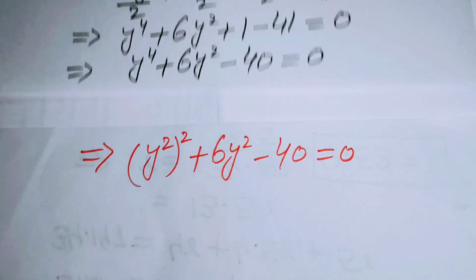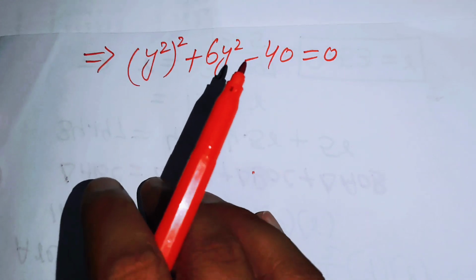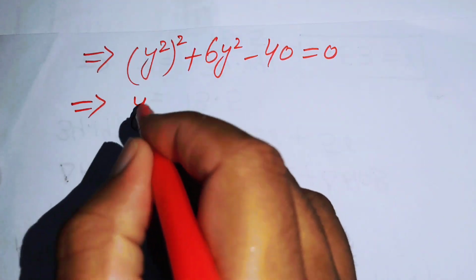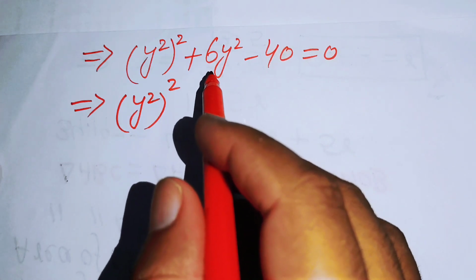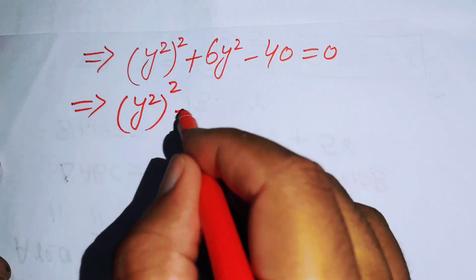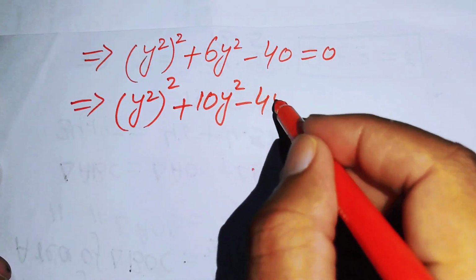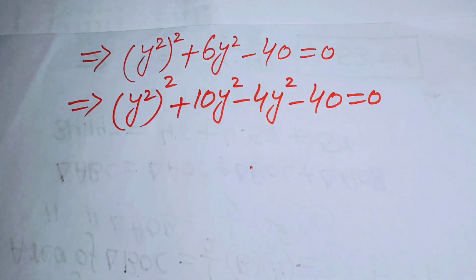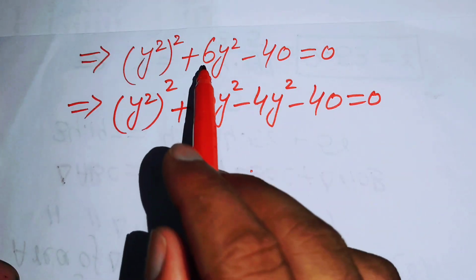Now in the next step we will make the factors of this equation, so the first terms of the factors are y squared and y squared. We can write the 6y squared as 10y squared minus 4y squared minus 40 is equal to 0, because here we need any two numbers whose product is minus 40 and whose sum is plus 6.